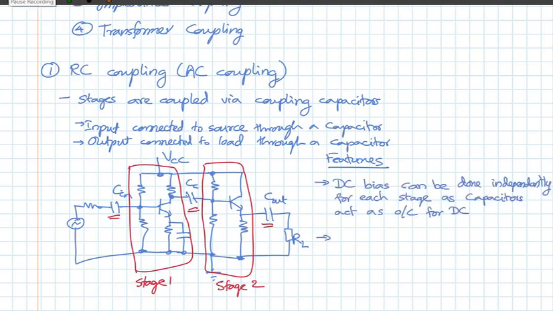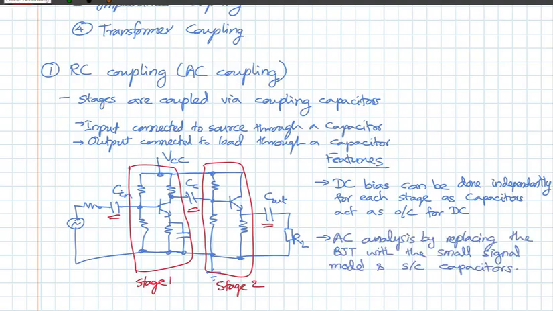Those capacitors act as open circuit for DC. But when you are doing the AC analysis to find the parameters, input and output voltage, input and output impedances, and the voltage and current gains, you simply replace the BJT with the small signal model, short circuit the capacitors, obtain the final circuit and analyze it. So it is a simple analysis.